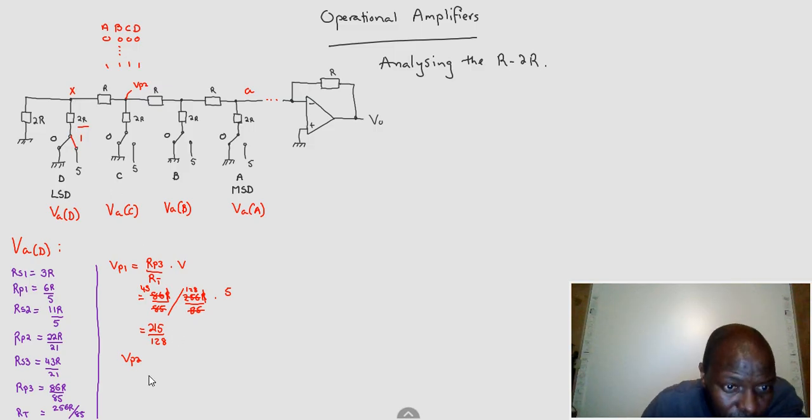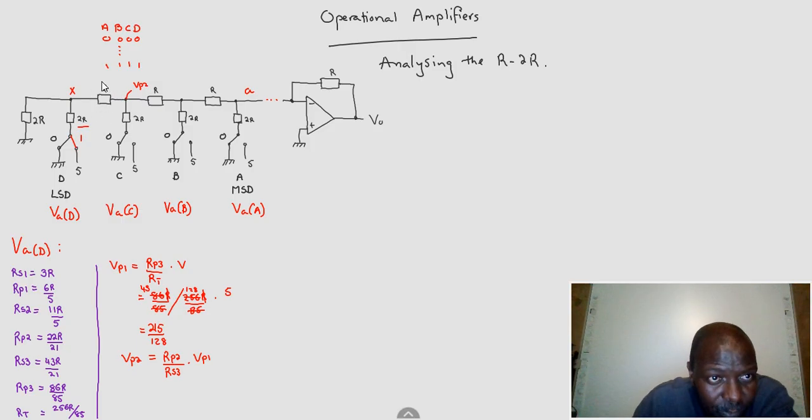So V parallel 2 is equal to this parallel network, which we'll call R parallel 2, over the last series part, R series 3, times the voltage V parallel 1, because they are sharing that parallel voltage there. The rest of the resistors are going to share that resistance. So that parallel part over the total, which is that R series 3.